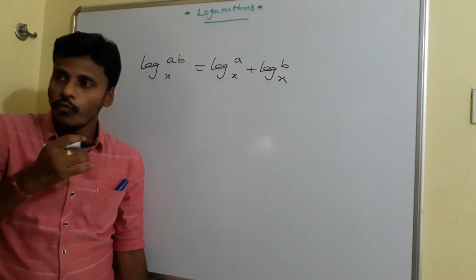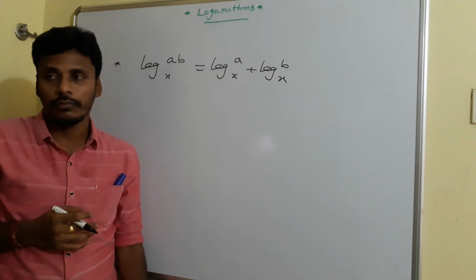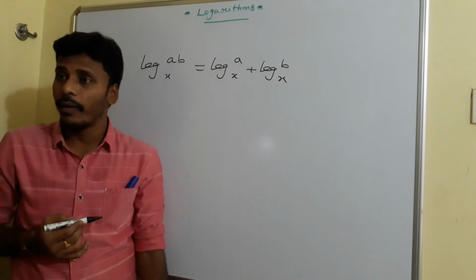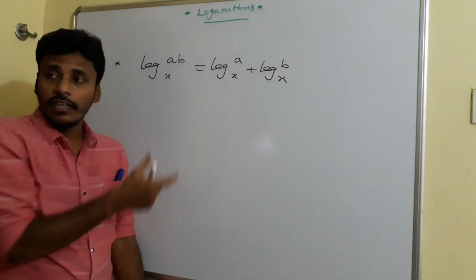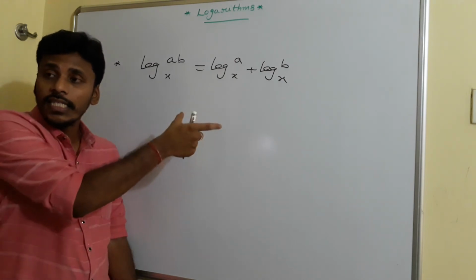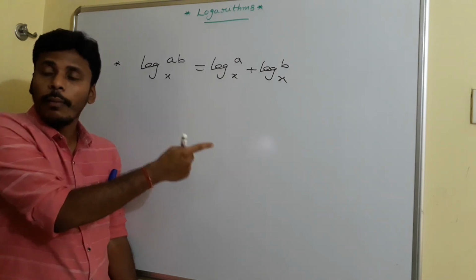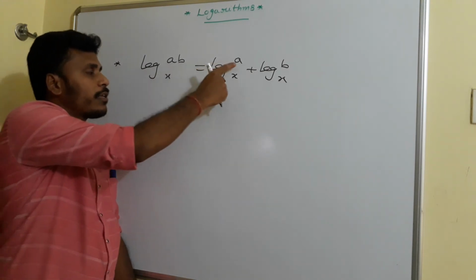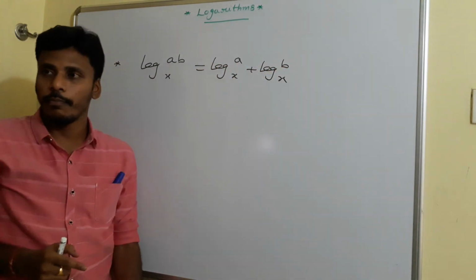Always you need to move with very cautious observation. First, observe all these things. All these logarithms are with base x, and in the right hand side we have two logarithms with a plus sign in between them, and the sum of these two logarithms becomes logarithm of the product, and that product contains the product of these two numbers a and b.